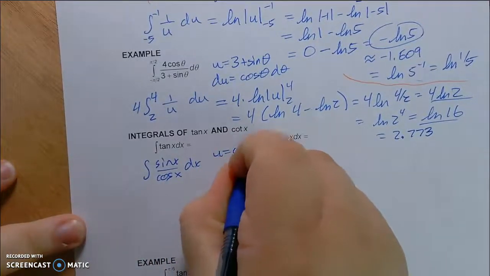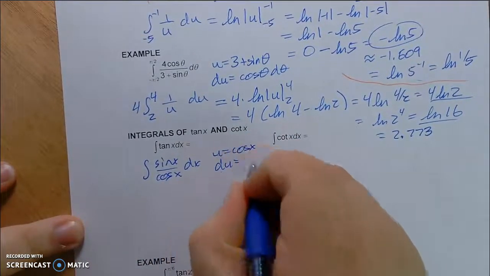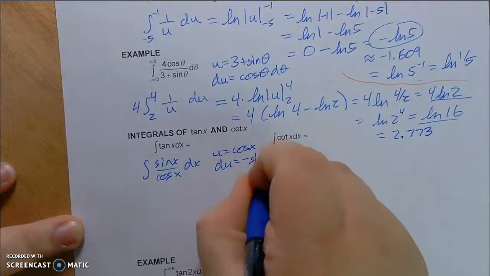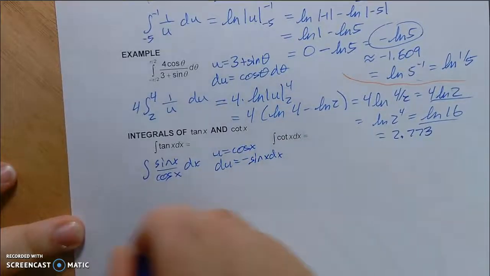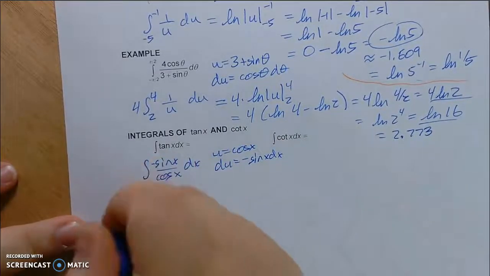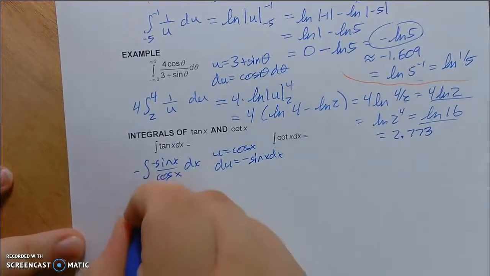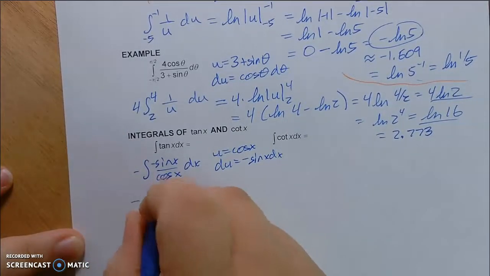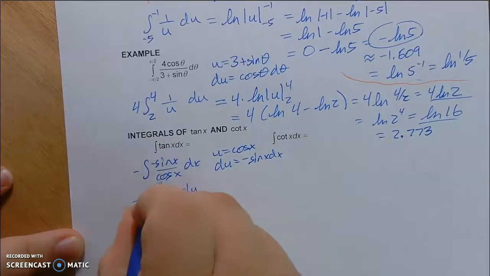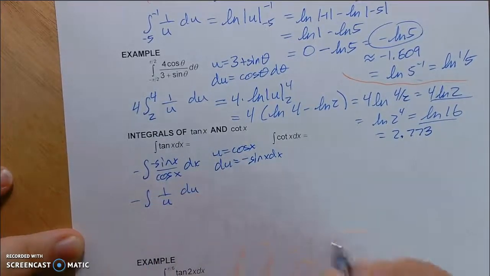We're going to let u equal cosine x. So du is negative sine x dx. So we'll throw a negative sign in there to balance it out. We need a negative sign in front. So we have a negative integral. Negative sine x dx becomes our du. Cosine x becomes u.